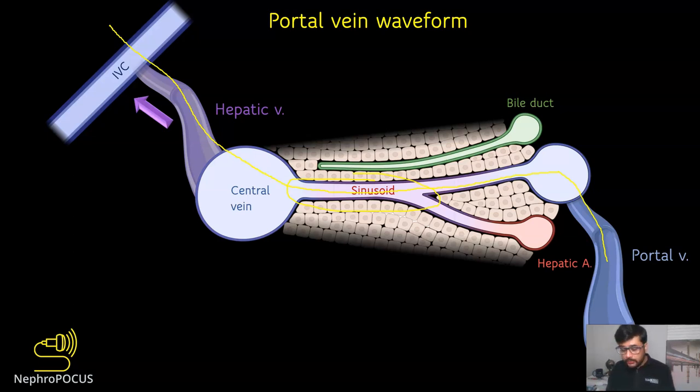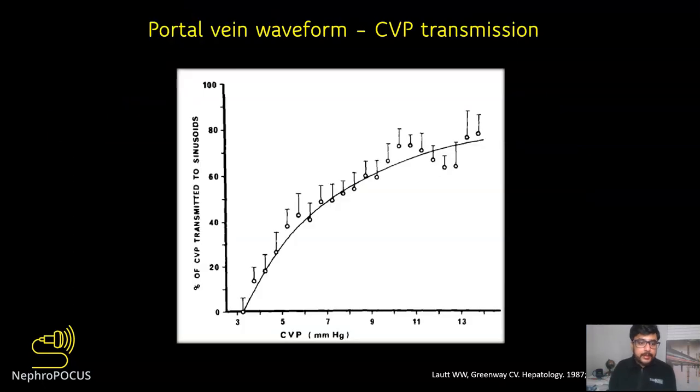Normally the portal vein does not have those distinct S and D waveforms, but is more or less continuous. And here is a nice study from 1987 that shows how much percent of CVP is transmitted to hepatic sinusoids. Even when the CVP is as elevated as about 13 millimeters of mercury, only about 70 to 75% of CVP is transmitted to them.